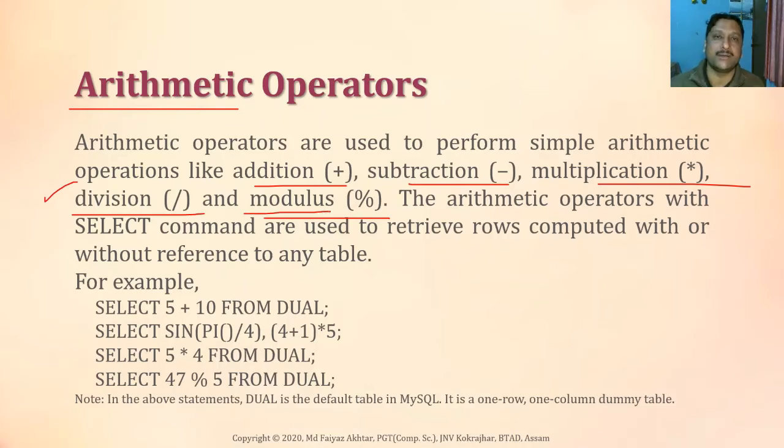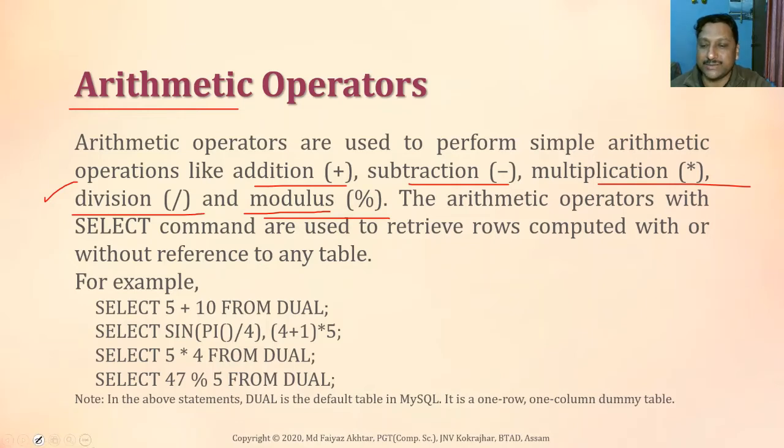Modulus means remainder value, to obtain the remainder. The arithmetic operators with the select command can be used to retrieve rows computed with or without reference to any table. If we want to do a simple calculation, then we may not give any table name.